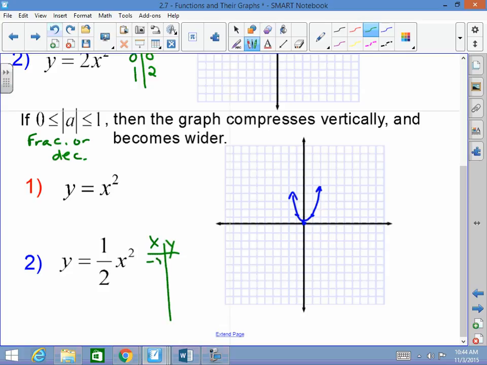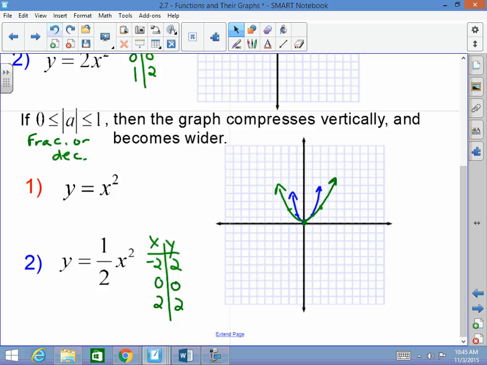So I'm going to use negative 2, 0, and 2. Negative 2 squared is 4. 4 times 1/2 is 2. 0, 0. When x is 2, 2 squared is 4. 4 times 1/2 is 2. So this is 0, 0, 2, 2, and negative 2, 2. And do you see, gentlemen, how that becomes wider?